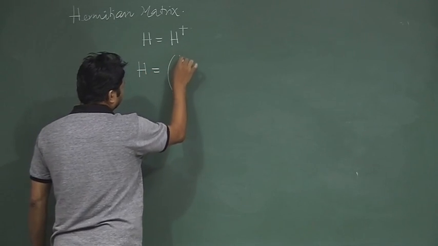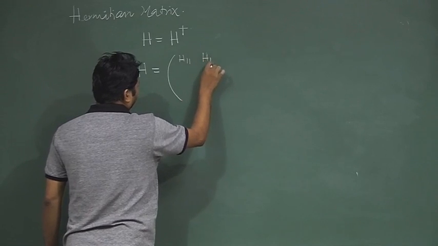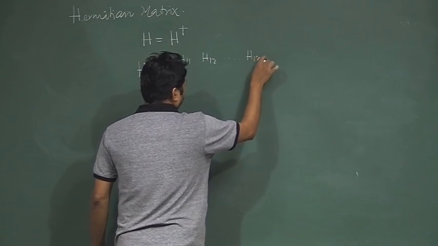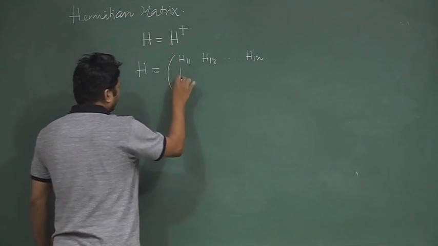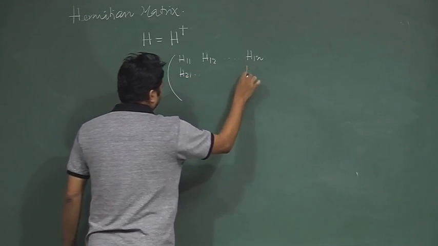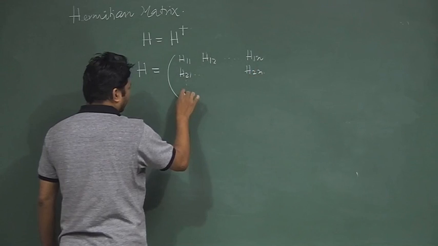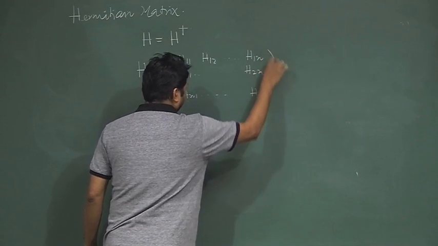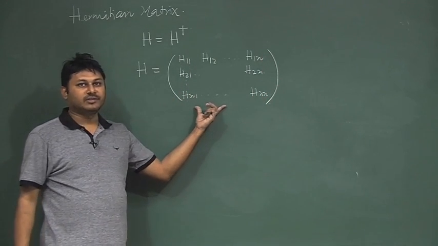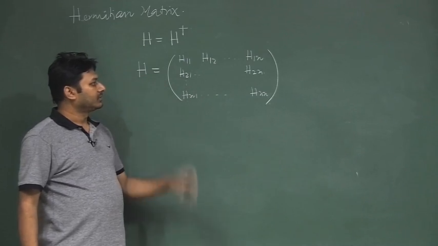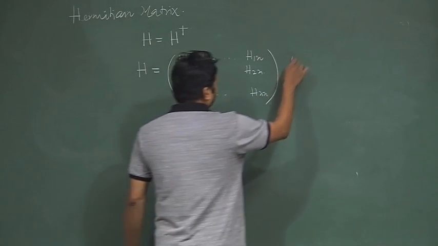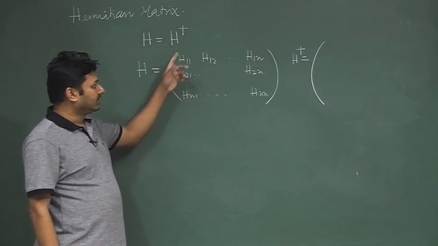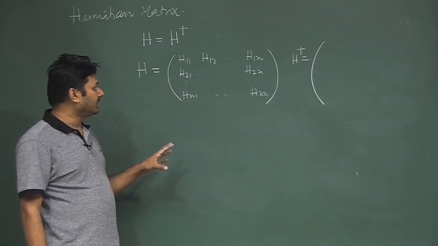Component wise it is H11, H12, up to H1n, H21, up to H2n, Hn1, up to Hnn. This is my given matrix H. What is H dagger? I know what the dagger matrix is. The dagger matrix is the transpose followed by the complex conjugate.